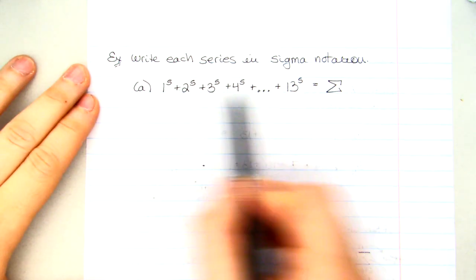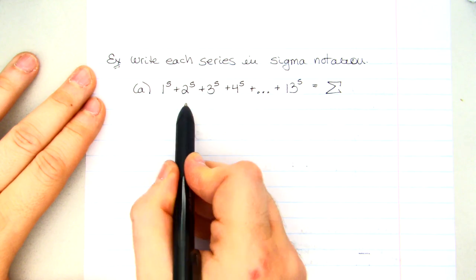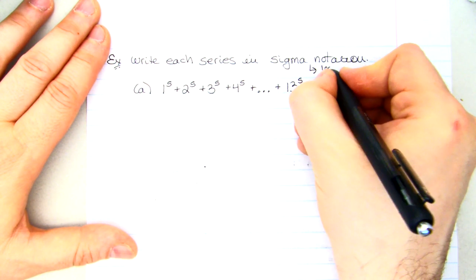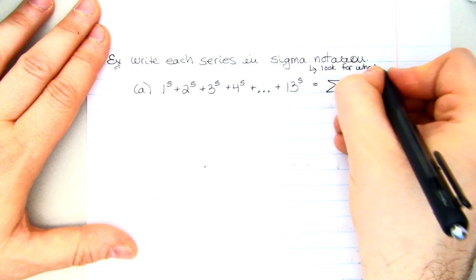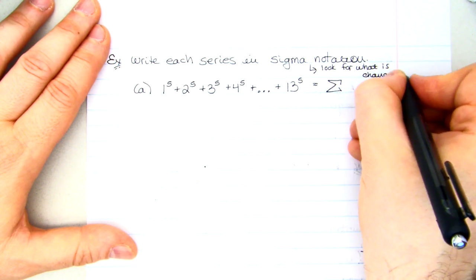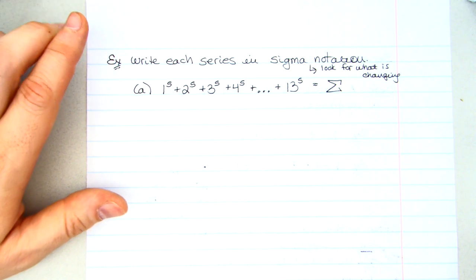I think every single term has a 5th in it. That's not changing. What is changing is the thing that you're raising to the 5th. I want to put a little note over here and say, look for what is changing. And what's changing, I'm going to either make that my variable or make it based on my variable.